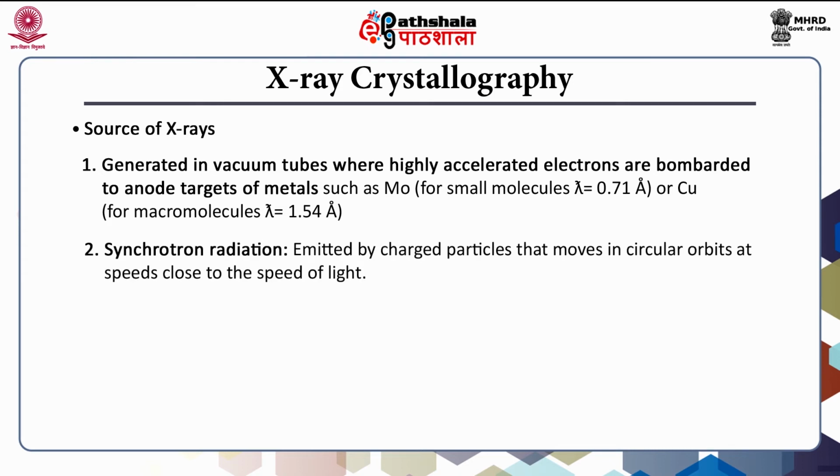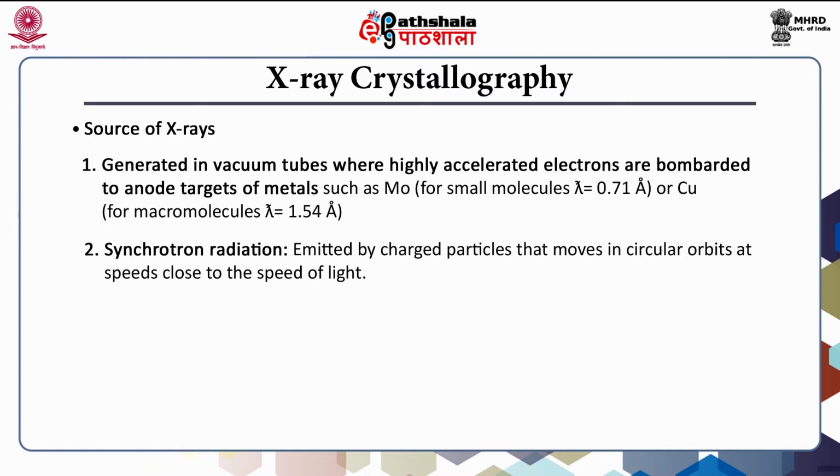Another method to produce X-rays is acceleration of electrons in circular orbits with the speed of light. When electrons are moved in particular orbits with the speed of light, that results in the generation of X-ray beams. This particular way of generation is called synchrotron generation.